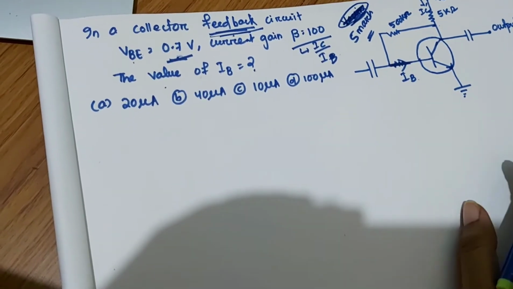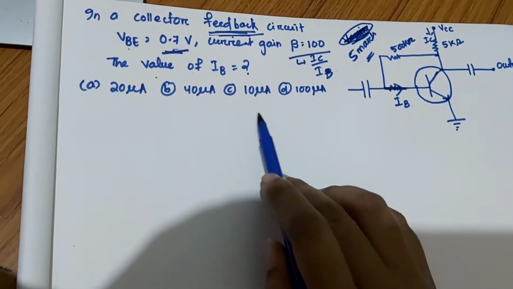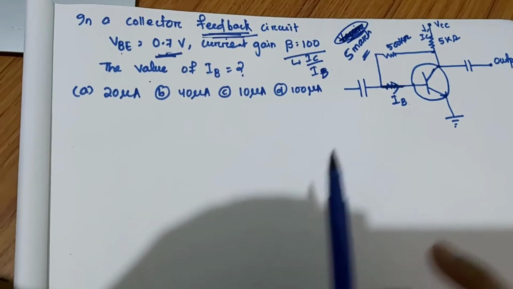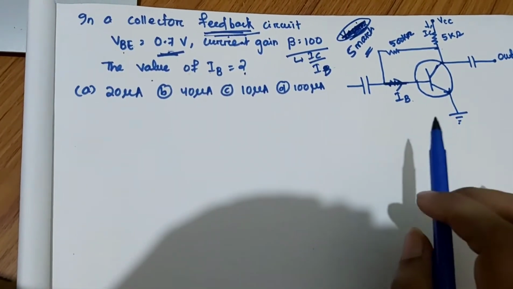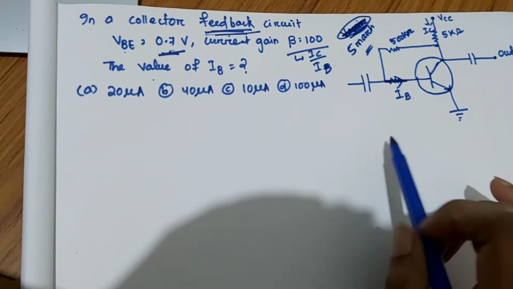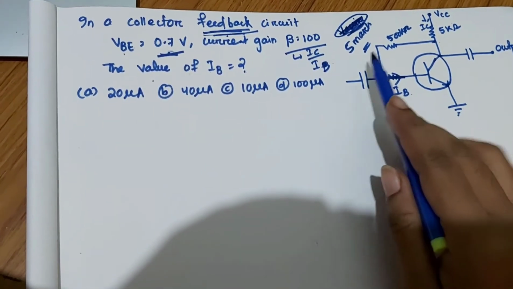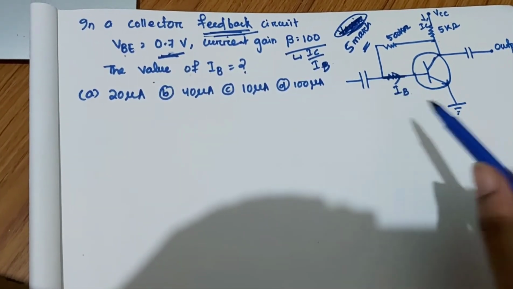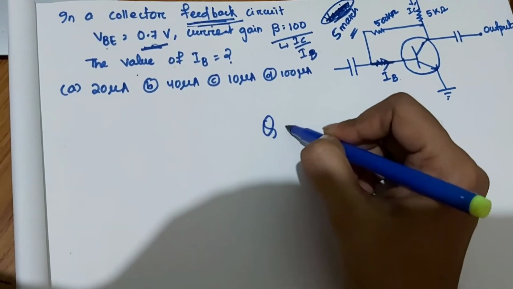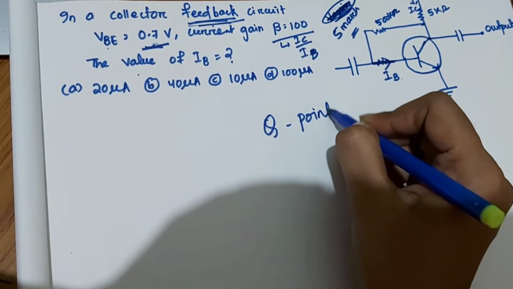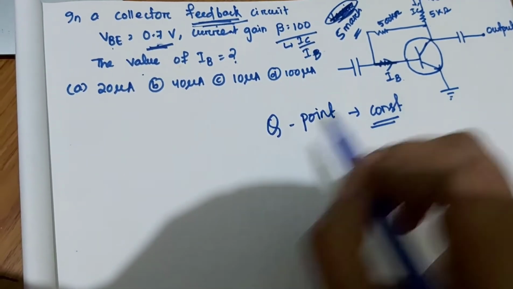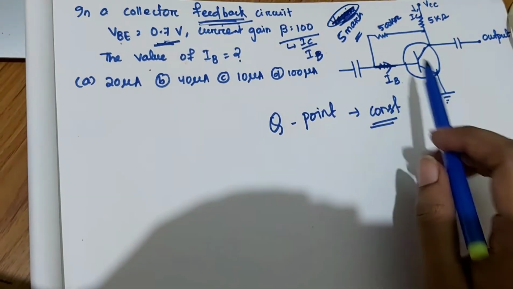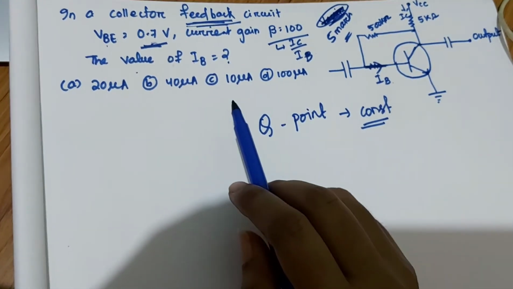For the transistor to be an amplifier, the gain must be constant, so that's why we use a feedback circuit. If I use a feedback circuit, my Q point will be constant. So we need a constant Q point for a transistor to be an amplifier.